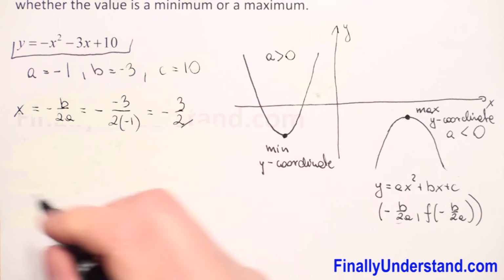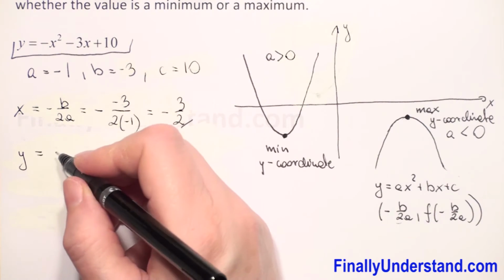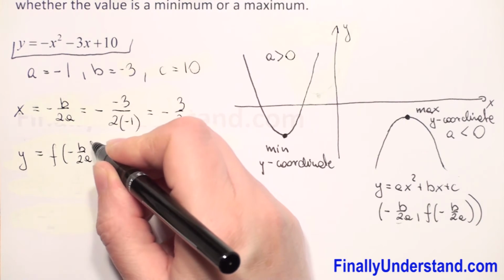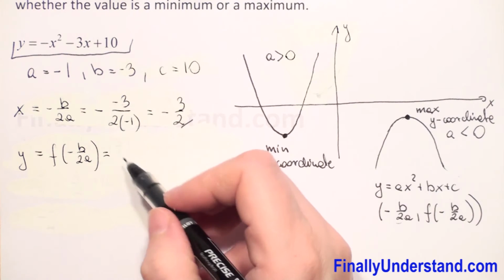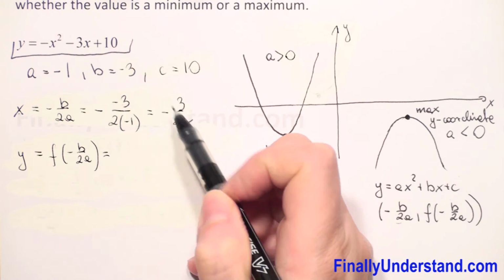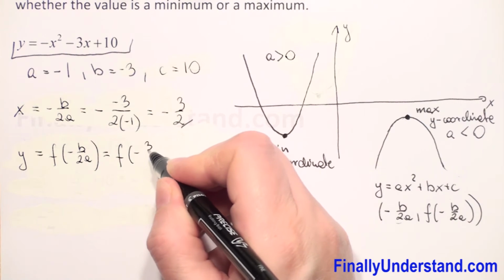We have x, so now we will find the second coordinate, y, which is equal to f of negative b over 2a. We found that negative b over 2a is negative 3 over 2, so we have f of negative 3 over 2.